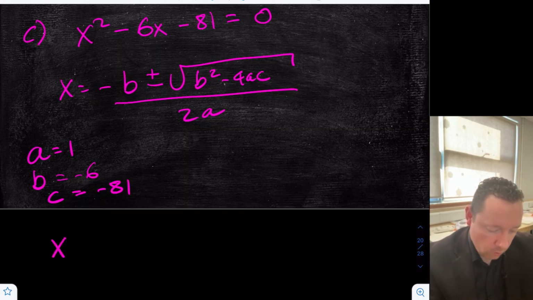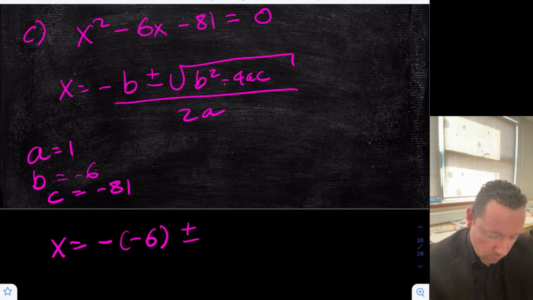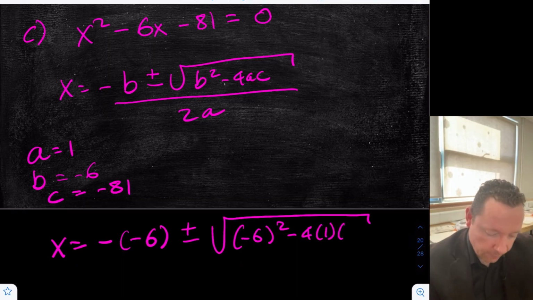X equals minus 6, which is a minus and a minus there, plus or minus the square root of minus 6 squared minus 4 times 1 times minus 81 all over 2 times 1.